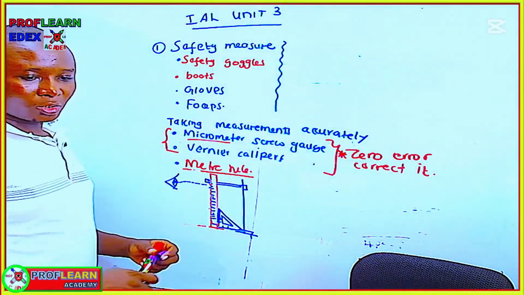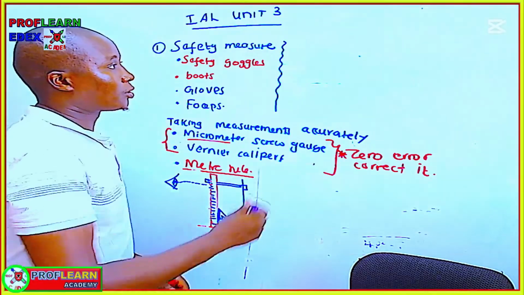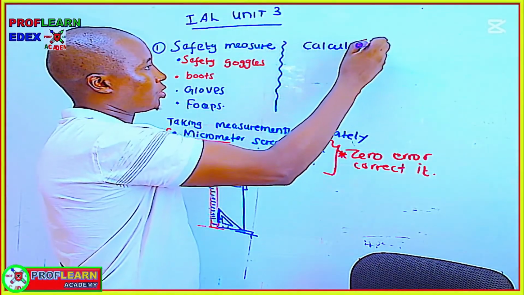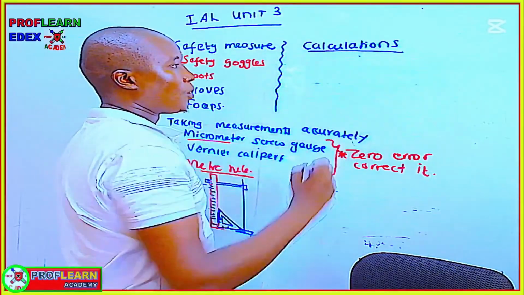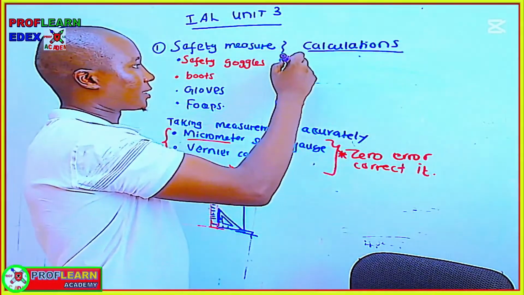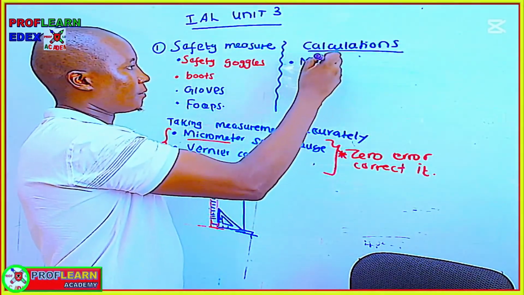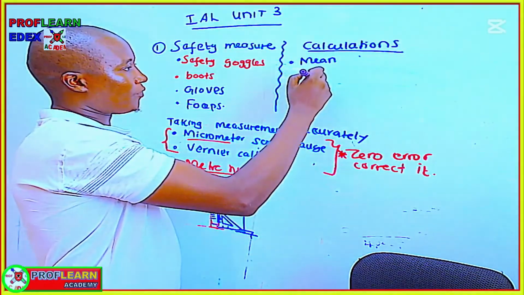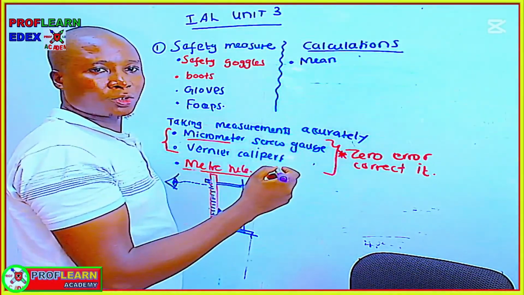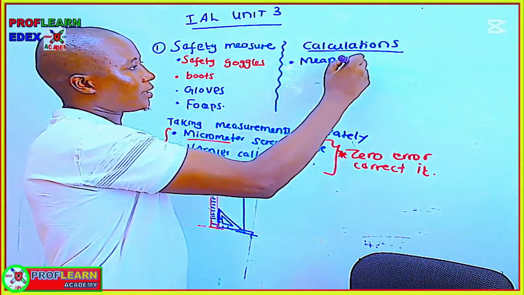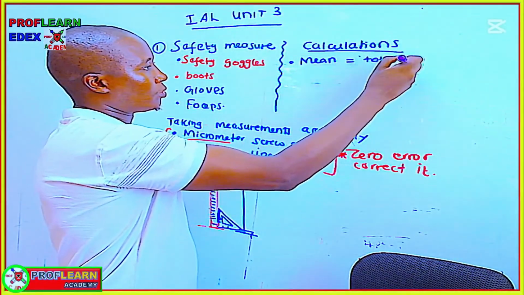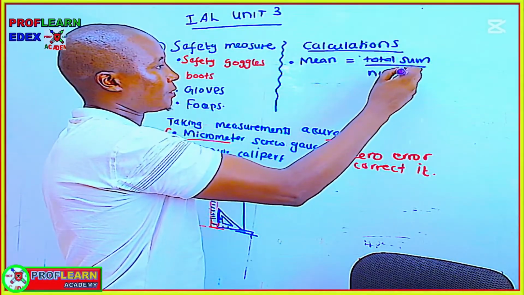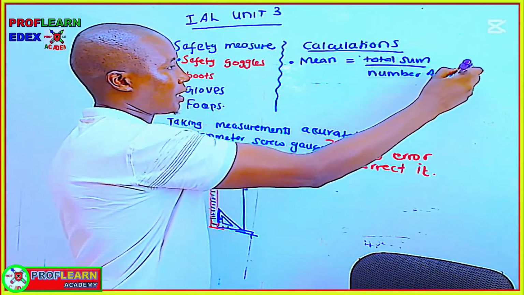Let me also mention another concept that is key when it comes to Unit 3: calculations that you are going to be asked. One of the calculations you are going to be asked is the mean of a quantity. You might be given different data and you are supposed to work out the mean, and to do that, it is the total sum divided by the number of data.